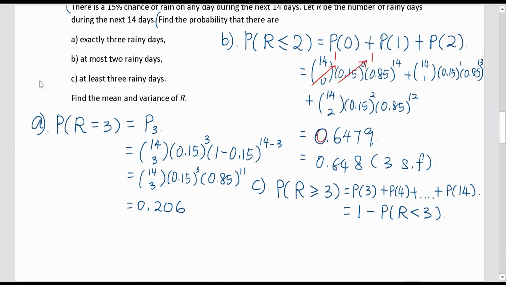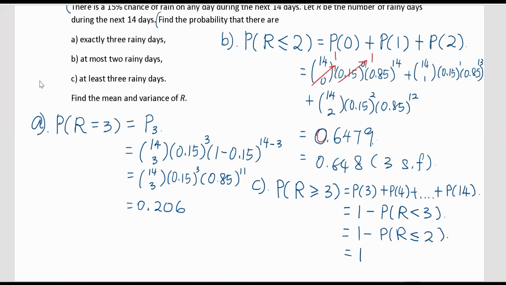Less than 3 is the same as R less than or equal to 2, which is the answer I found in part B. That means either 2 rainy days, 1 rainy day, or no rainy day out of 14 days.